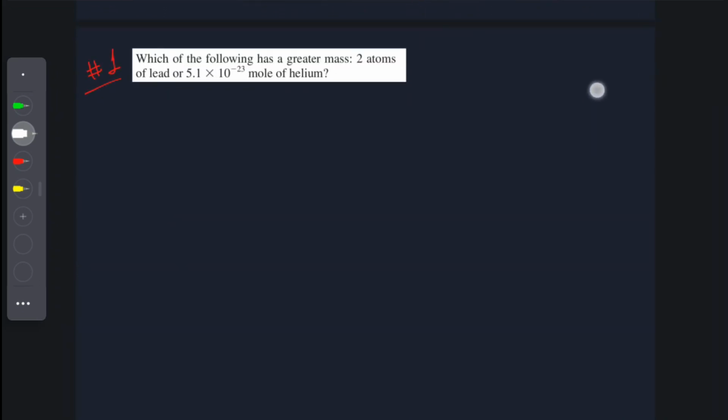So the first question is: which of the following has greater mass? 2 atoms of lead or 5.1 times 10 to minus 3 mole of helium. So we should definitely know the molar mass of lead. So this is the molar mass of lead.